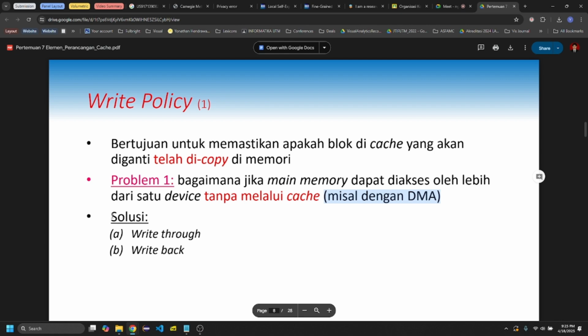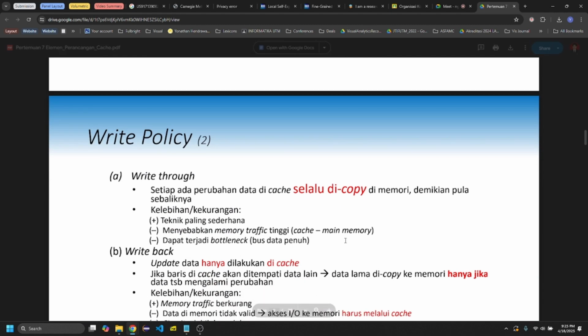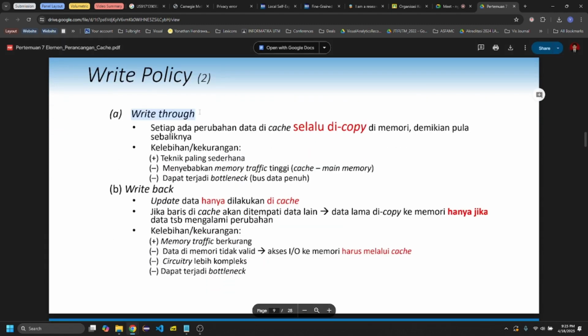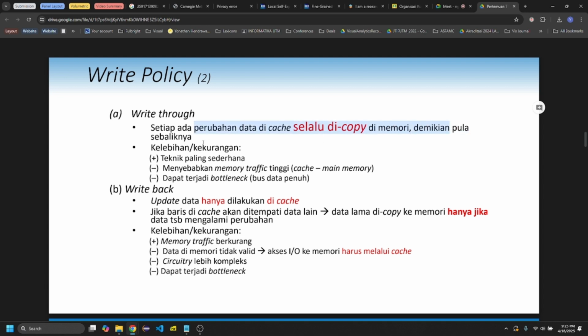Now, there are two solutions here. The first one is write through and the second one is write back. I'll explain one by one. The first one, write through. Every single change in the cache is always copied into the memory, and also vice versa.